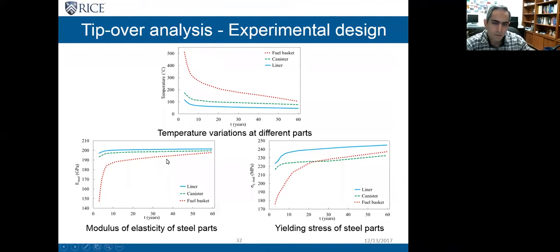And corresponding to that, the material behavior of these parts, which are made of steel, is affected. These two figures show how the modulus of elasticity and the yielding stress of these parts change in time. If you look at the modulus of elasticity of steel, you see that the main changes happen during the first 10 years of service, which I will talk about more later.